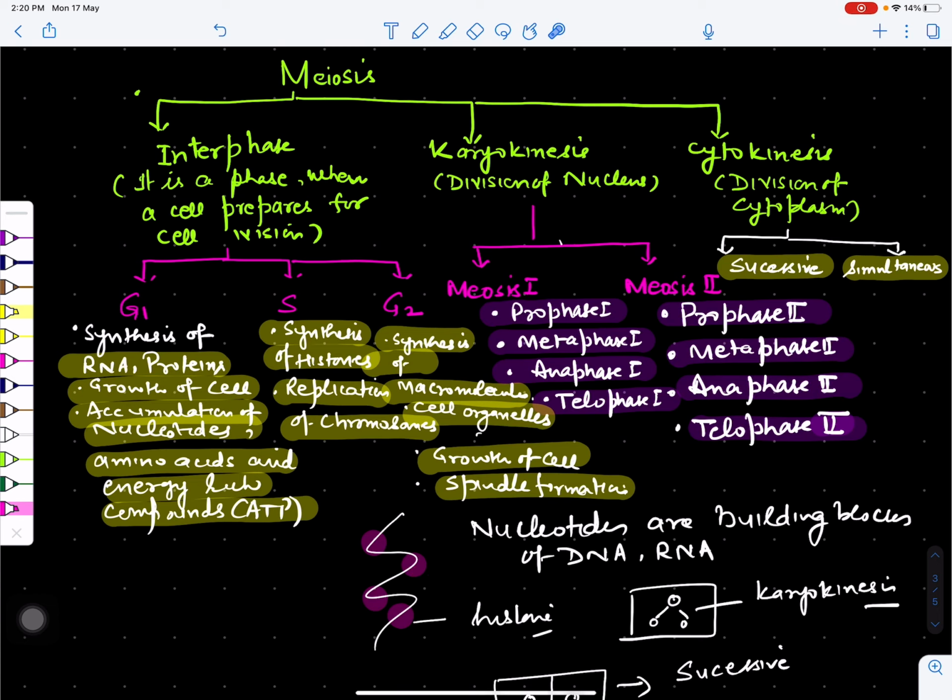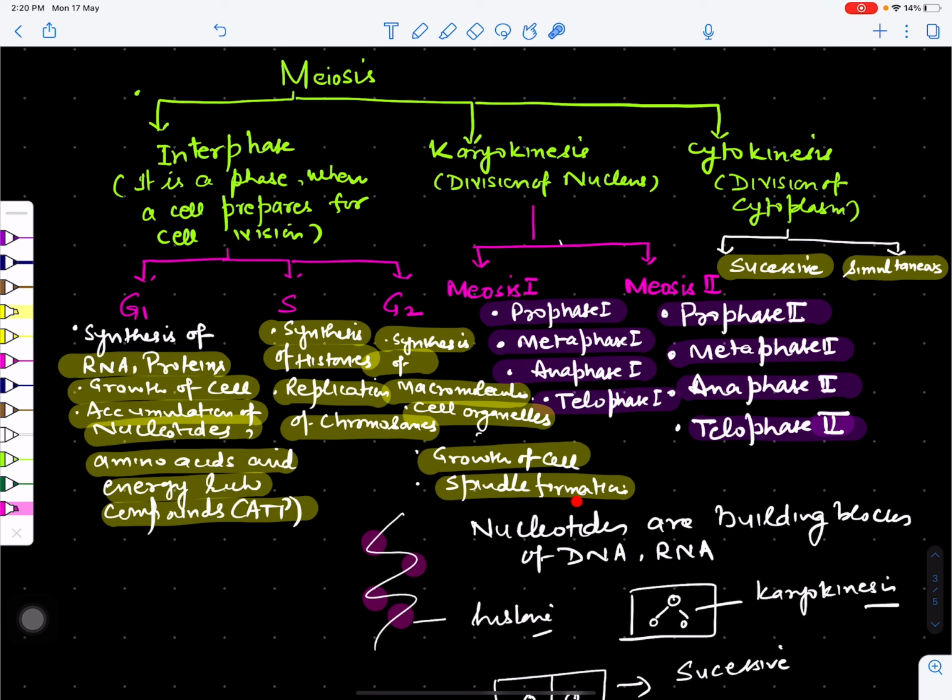Now, because new chromosomes, new RNA, new proteins are going to be produced, new histones are also needed, which are required for the packing of the DNA in the chromosome. Now, in the G2 phase, there is formation of macromolecules, big molecules like protein, carbohydrate, etc. Because from one cell, 8 cells or 4 cells or 2 cells are being produced, new cell organelles are required.